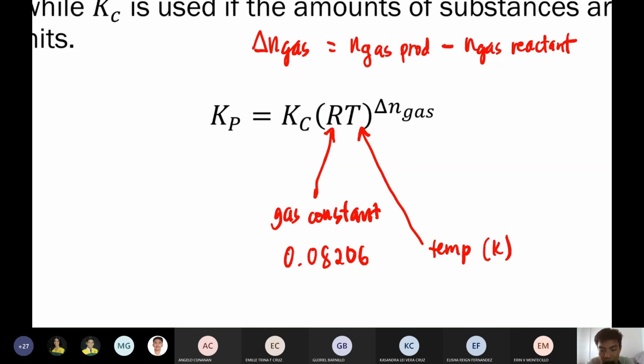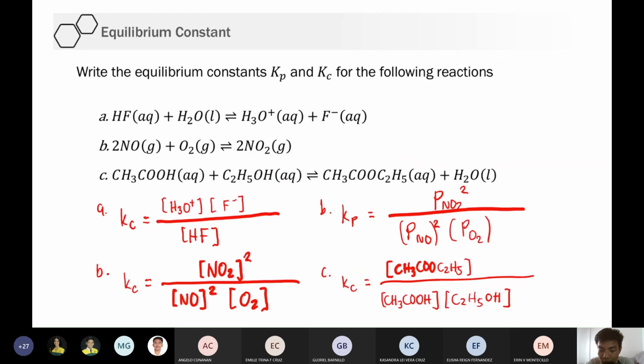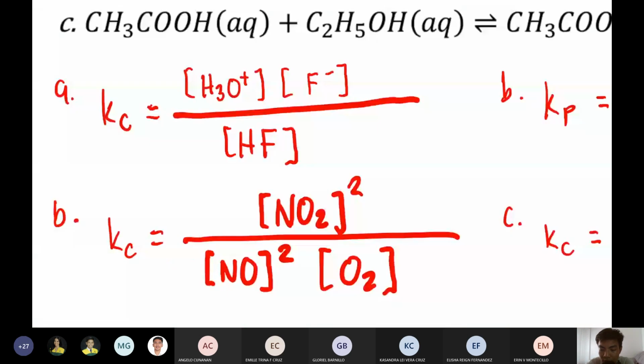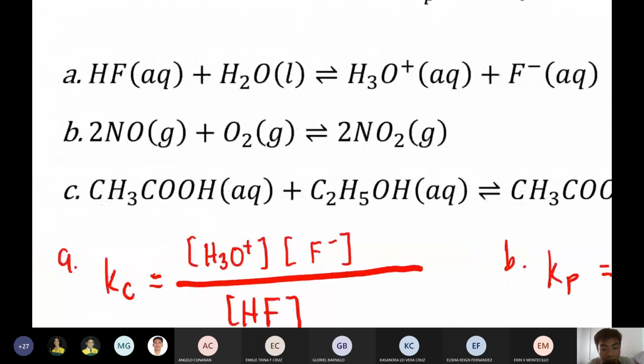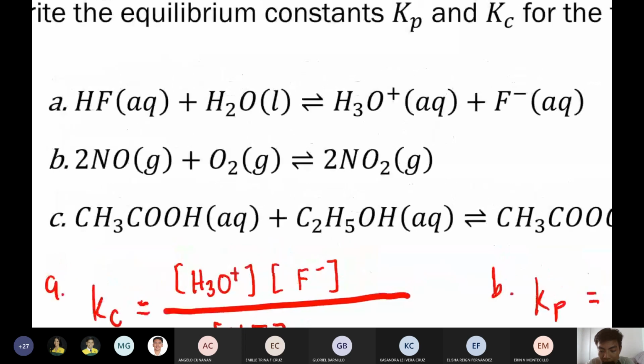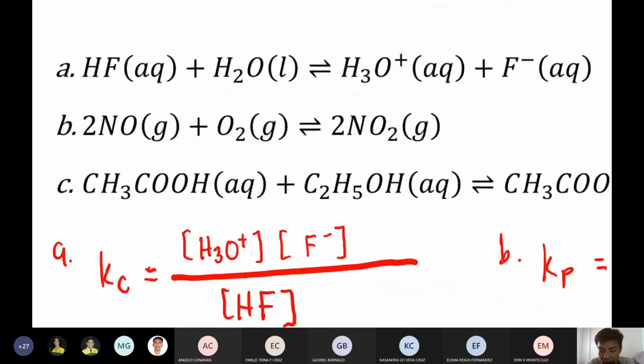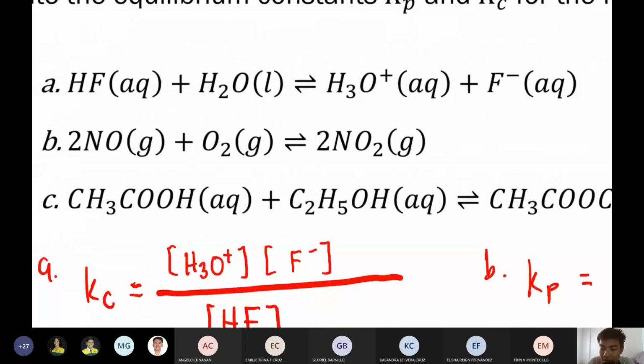Okay? So, kuha tayong example para mas makita nyo. Suppose we have equation letter B. Identify the delta N gas. So, for letter B, let us identify the delta N gas.